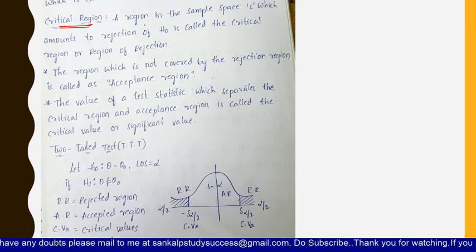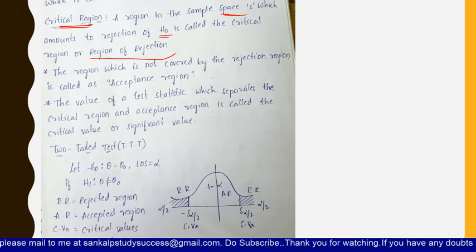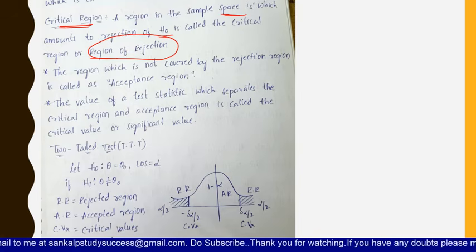So here, a region in the sample space S which amounts to rejection of H0 is called critical region, or the region of rejection. Wherever the statement, expression or equation is going to be rejected, that is known as a critical region.